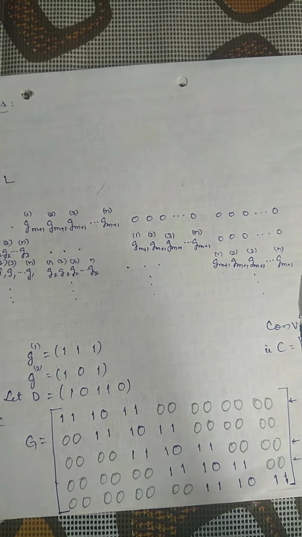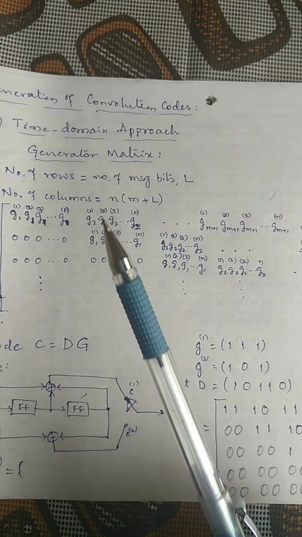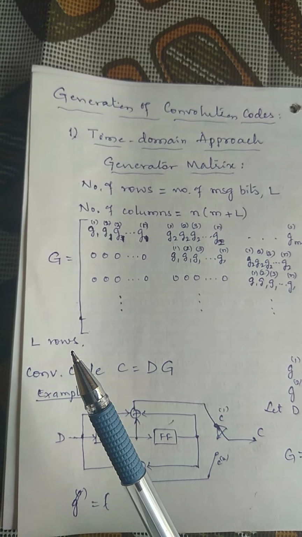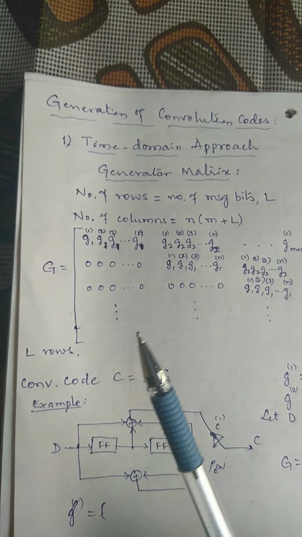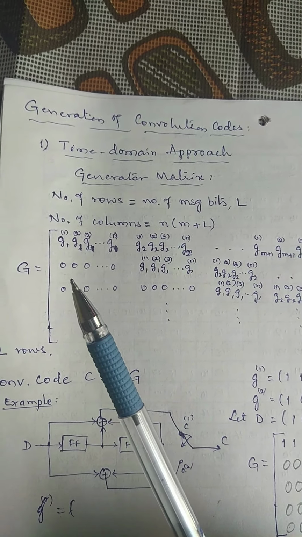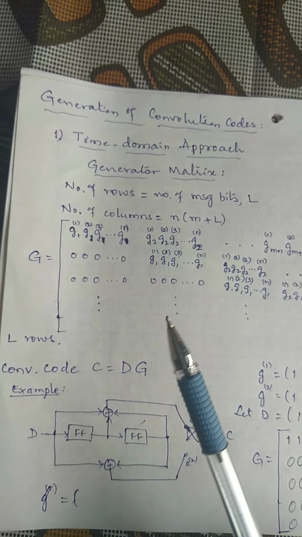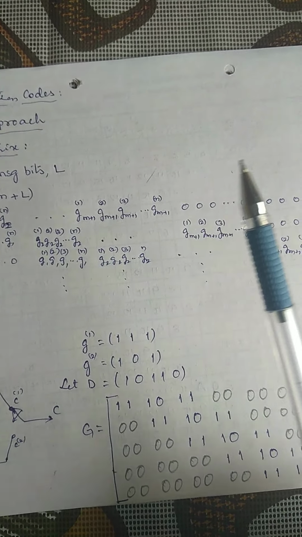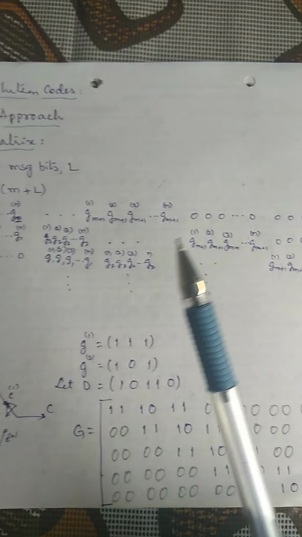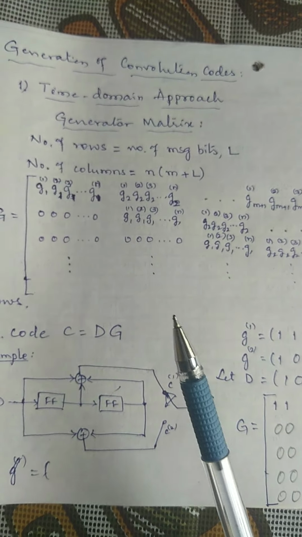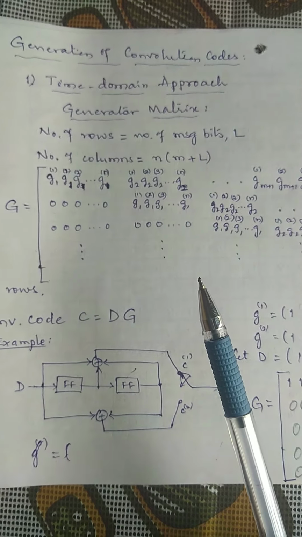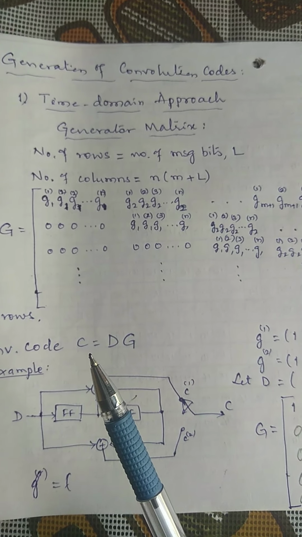Likewise, the number of rows in the generator matrix is equal to the number of message bits, L rows, and all the blank positions are filled with zeros. So this is the generator matrix for the time domain approach of generating convolution codes.